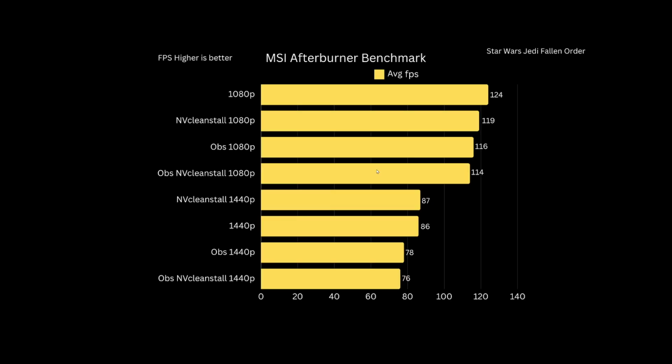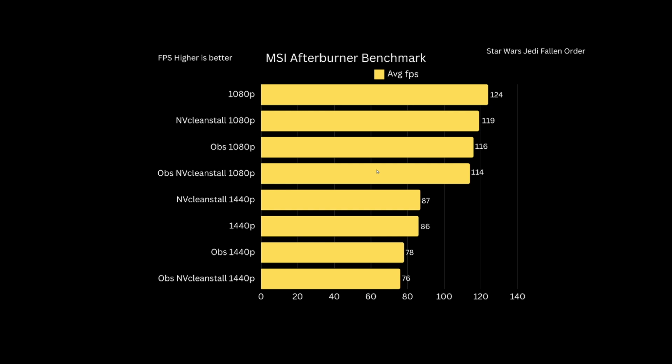So here you can see at 1080p we got 124 frames per second, and after the install at 1080p we got 119, which was a loss of 5 frames compared to just the 1080p at 124.